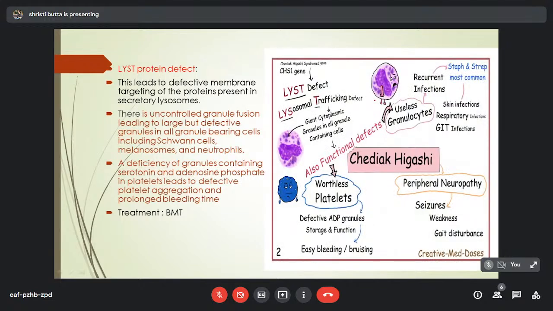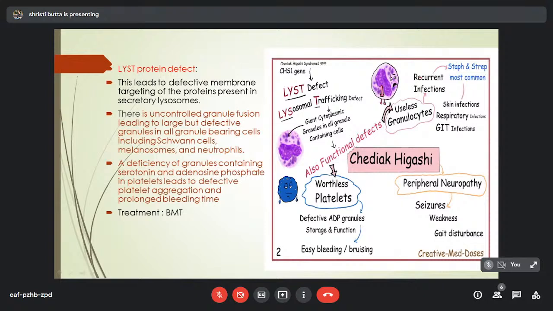This is just a pictorial representation of Chediak-Higashi syndrome. As I said, there's a defect in the CHS1 gene, which results in the LYST protein defect. Now, LYST protein is defective, therefore there are giant granules, all resulting in functional defects. Even the platelets lack serotonin and ADP, resulting in defective platelets and easy bleeding or bruising.